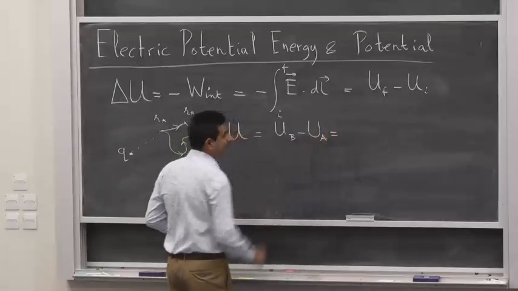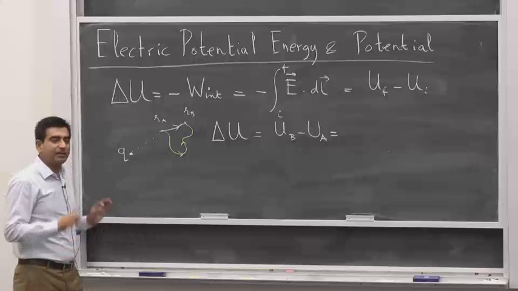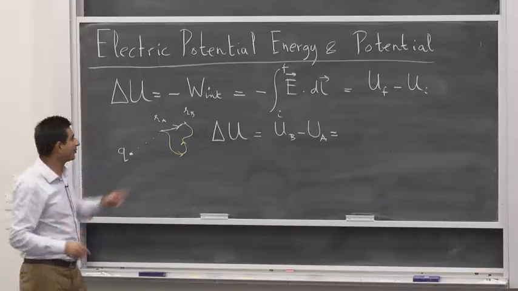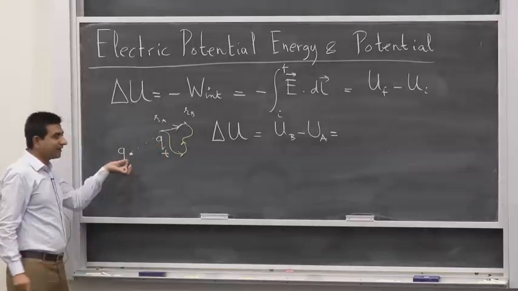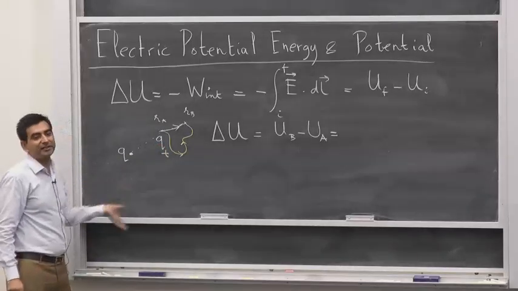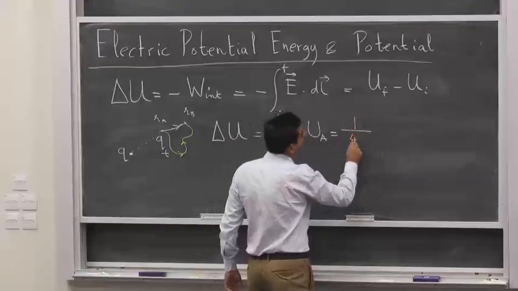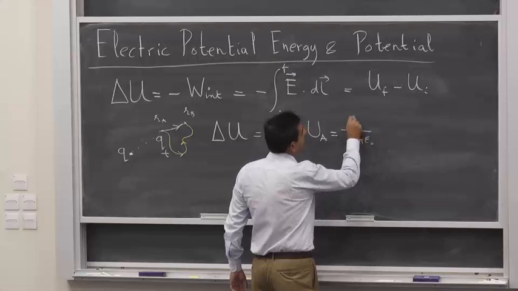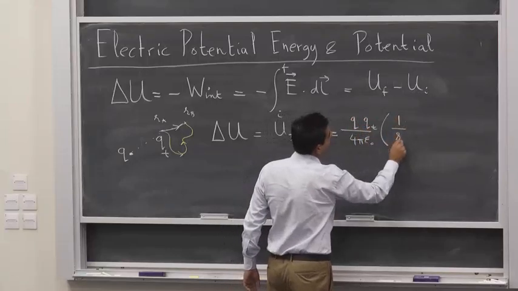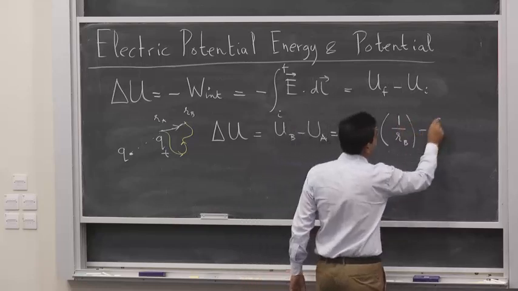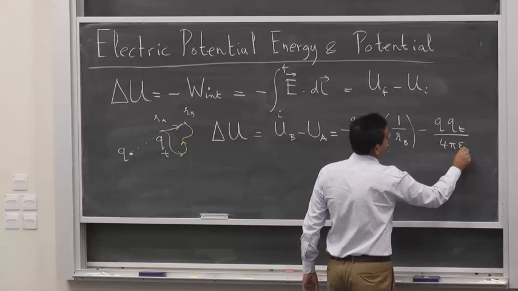given by, now if I were to talk about potential energy between two interacting systems, I have to place some test charge here. So some test charge is in the field of another charge that is producing an electric field. And the relationship that we determined was 1 over 4 pi epsilon naught Q Qt over RB minus 1 over 4 pi epsilon naught Q Qt over RA.